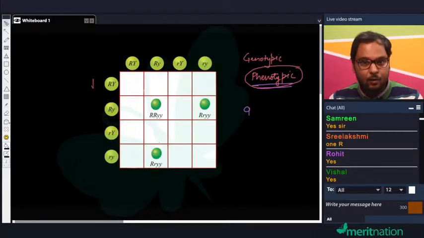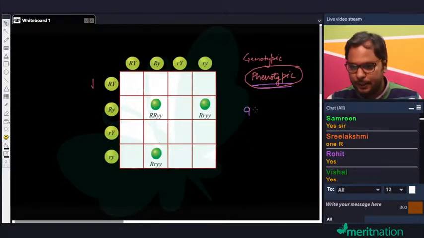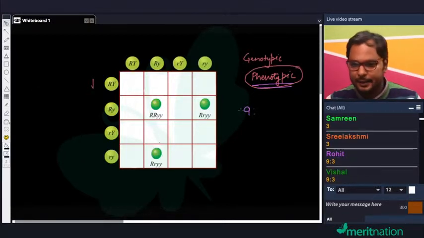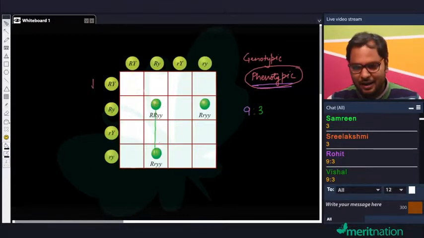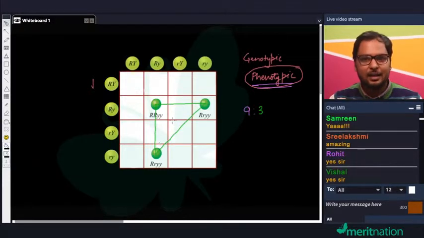Yes, round but not yellow, it's green because small y is there. So what should be the ratio here? I'll write it with the green only. So it's 9:3. And again you can see it's making another triangle. Can you see that? Yeah, exactly.